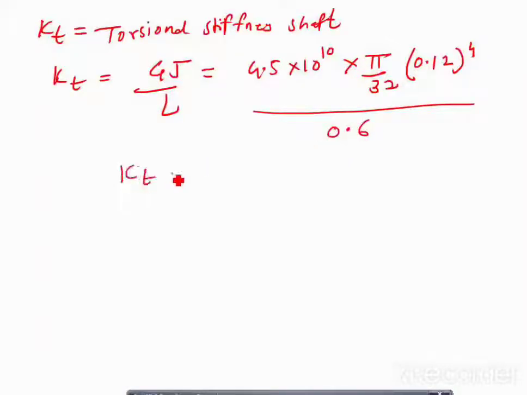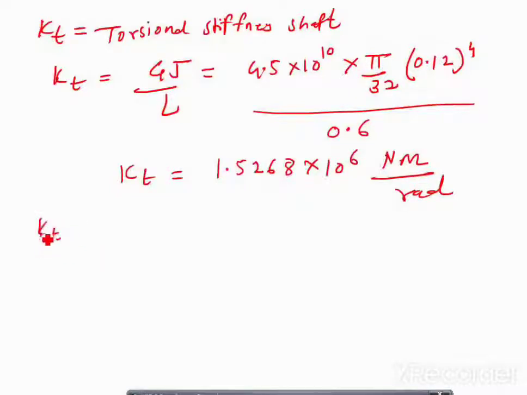So guys, you are getting Kt in Newton meter. What will be the unit of Kt? Kt is 1.5268 into 10 raised to 6. The unit will be Newton meter per radian, because we know Kt is equal to T upon theta.